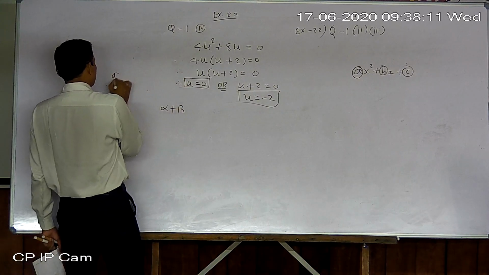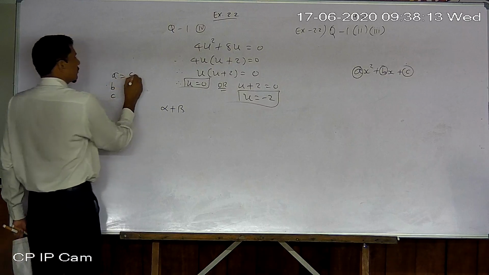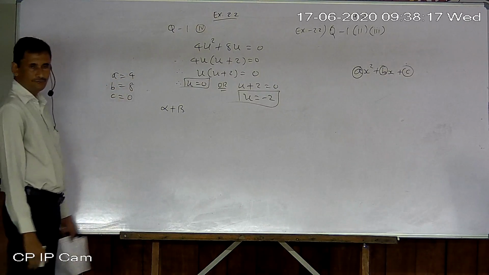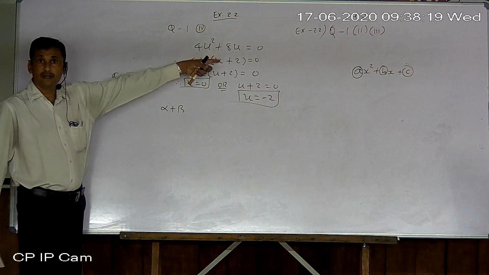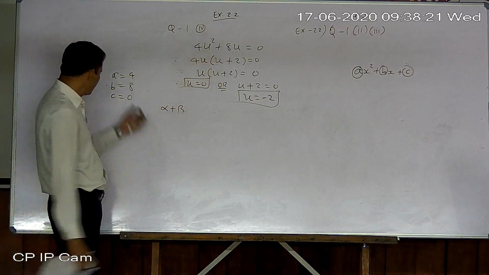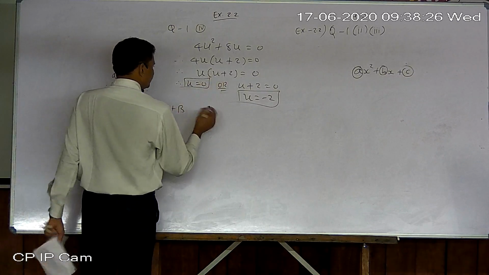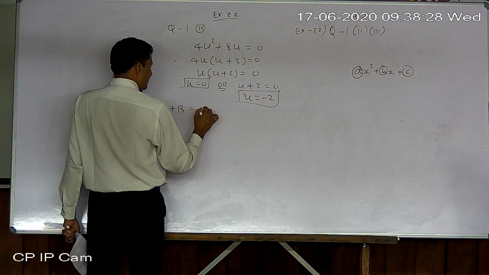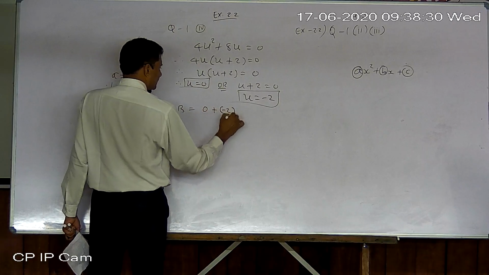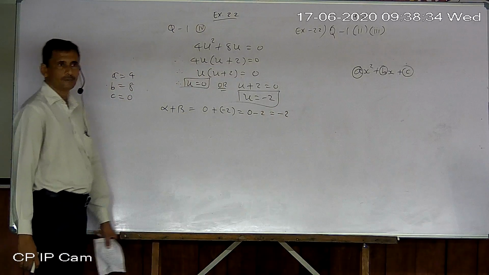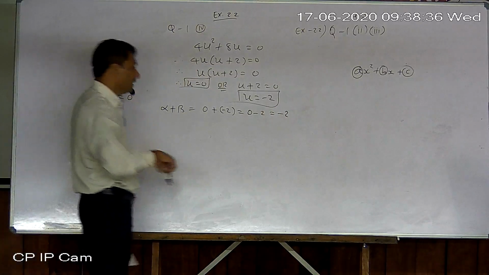So now establish that relation. Write down here a, b, c. A equal to 4, b equal to 8, c equal to 0. Why? Because that term is missing. The last term, the third term, is missing. That's why c equal to 0 here. Okay. Now alpha plus beta: 0 plus minus 2 means 0 minus 2 equal to minus 2. Now write it this way, minus b by a.